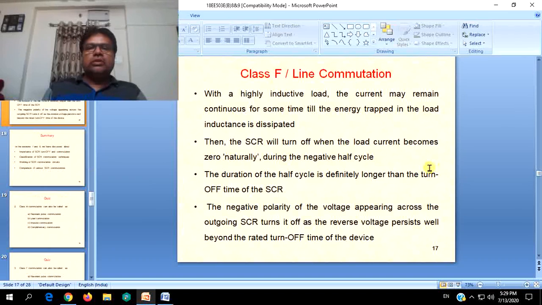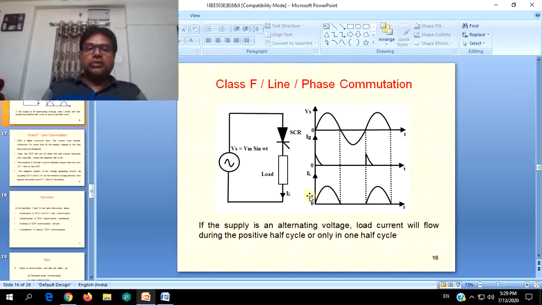Just go through the procedure once again. In this figure, the load is taken to be resistive, so current and voltage are both positive. When the load is inductive, the current will be lagging behind the voltage by an angle phi, and even after the voltage becomes zero, forward current will be there until it becomes zero.